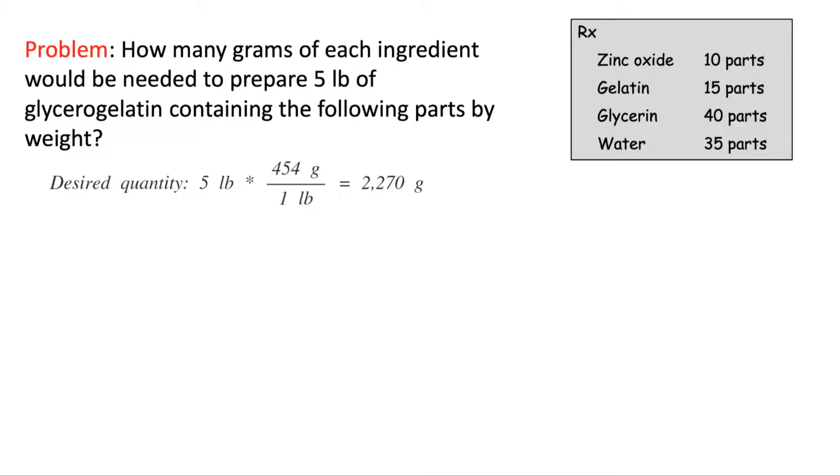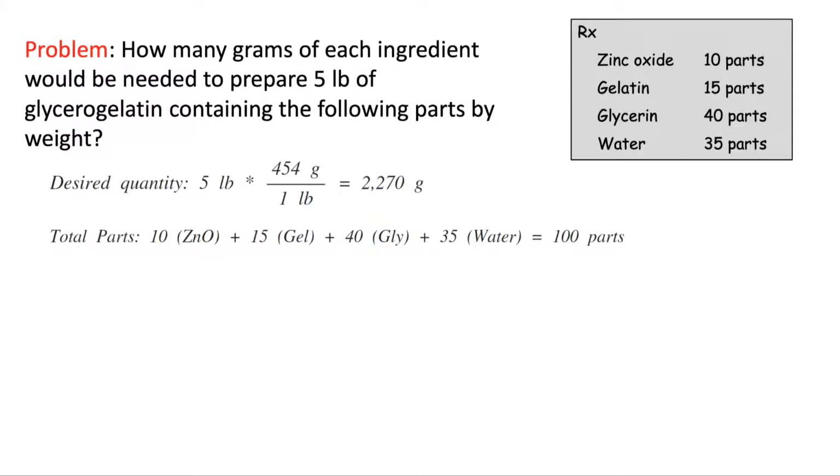My question to you, since the amounts of all of my ingredients are given in parts, and I know the total weight, what would the total parts be? Because the total parts would be equivalent to the 2,270 that I want to make. So let's count the total number of parts, regardless of where they come from. So let's add everything up.